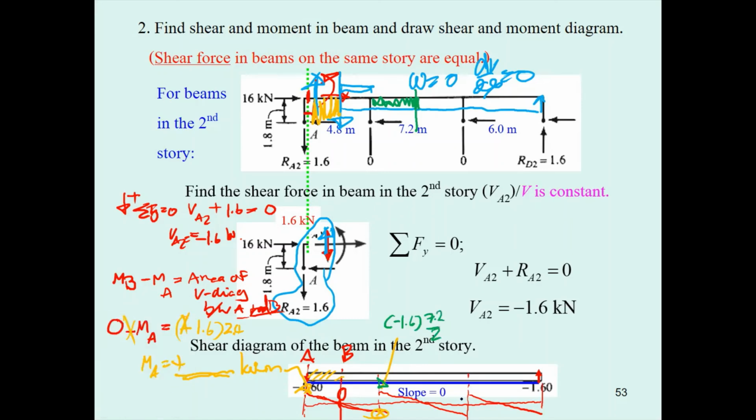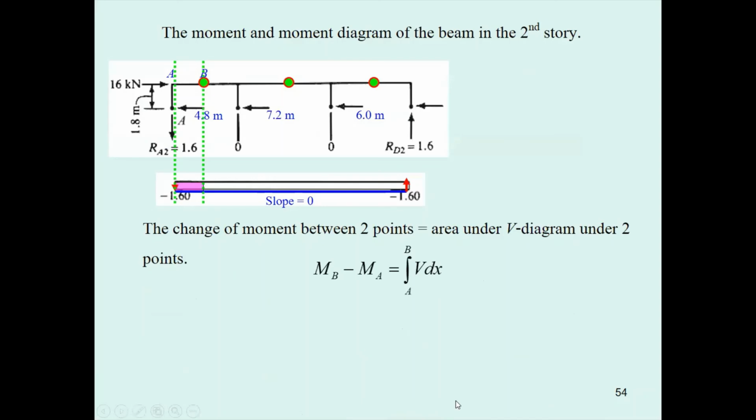I can also determine this one. This one will be 3 meters, so it's minus 1.6 times 3.0. And this one is the negative, same value, and this one also negative with the same value.